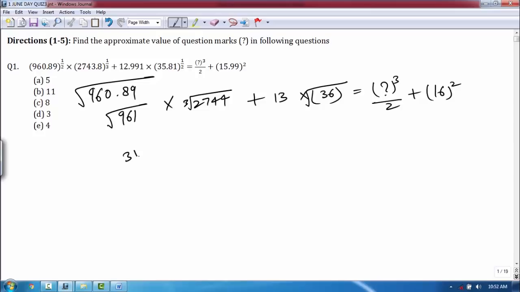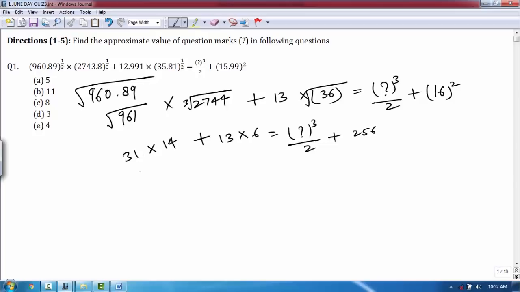It's 31. So 31 into, what is the cube root of 2744? It's 14. So 31 into 14 plus 13 into, what is the square root of 36? It's 6, is equal to question mark to the power 3 upon 2 plus square of 16 is 256.